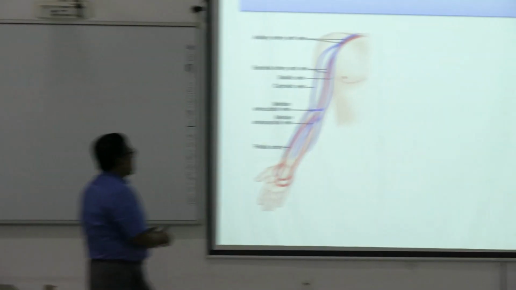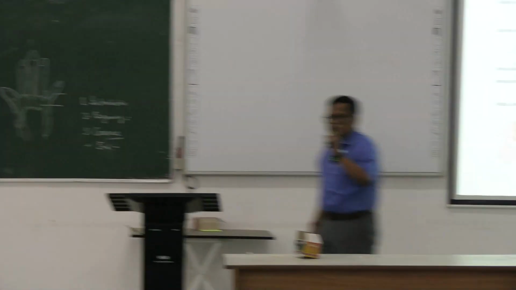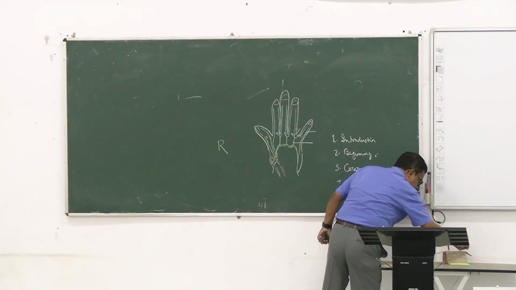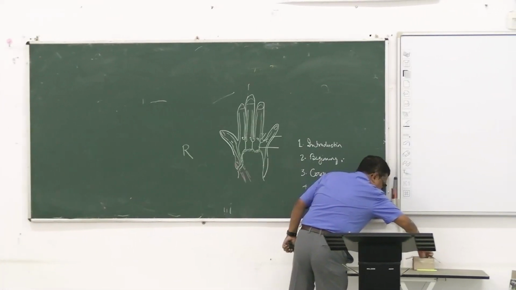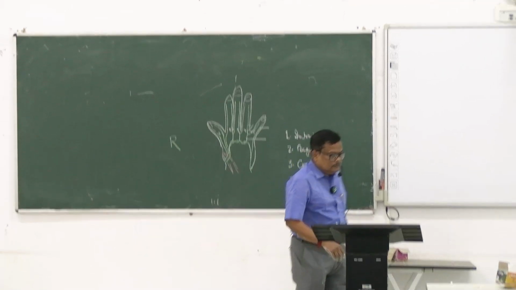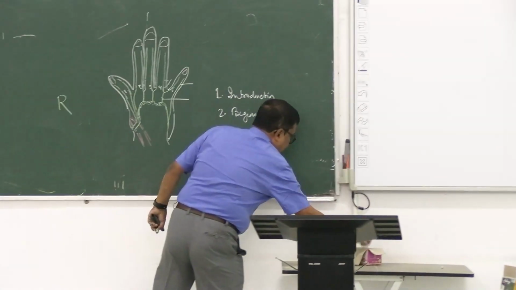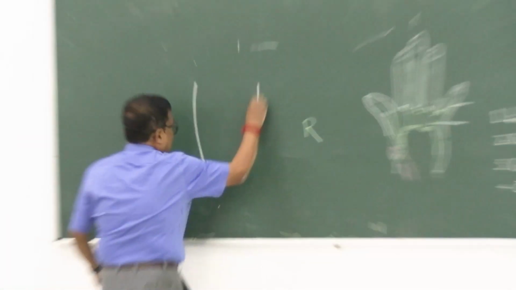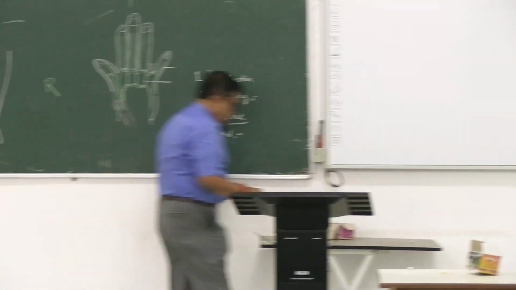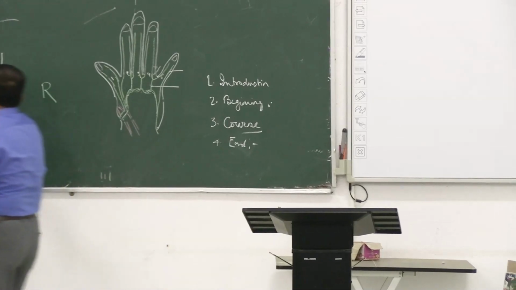In the middle of the arm, listen carefully, in the middle of the arm here, notice a little bit, in the middle of the arm there is a brachial artery.